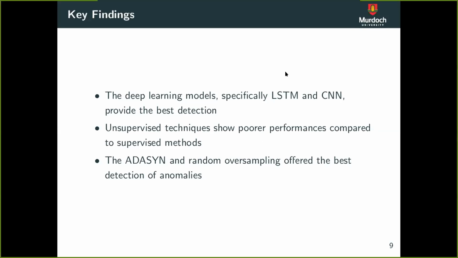Naturally, unsupervised techniques show poorer performance compared to the supervised methods. And for the class balancing methods, we found that ADASYN and random oversampling provide the best detection of anomalies.